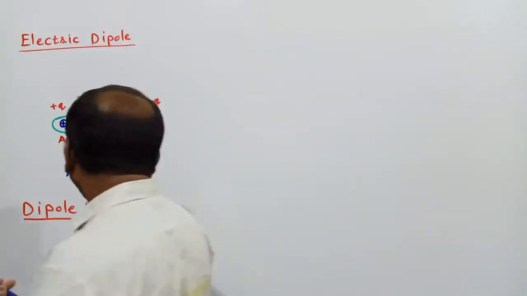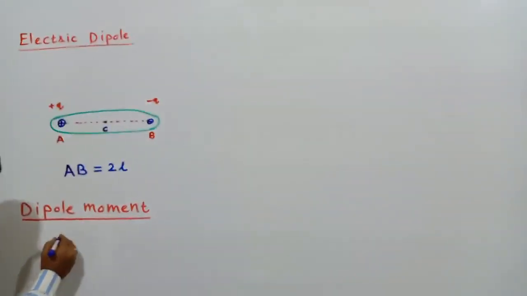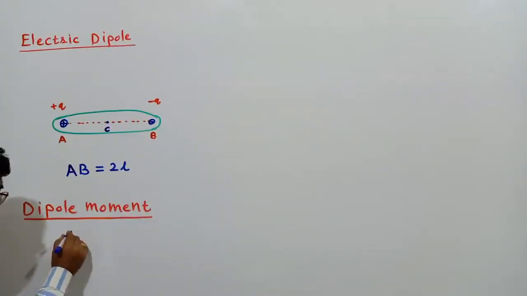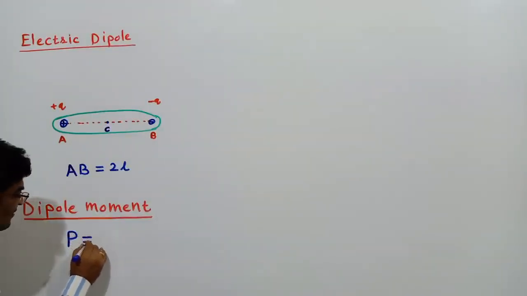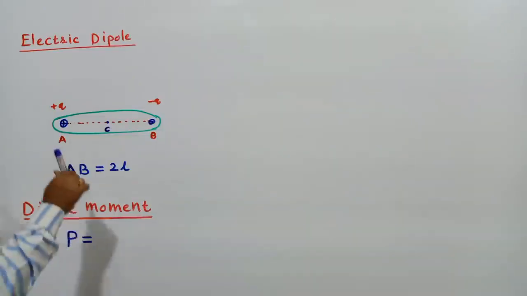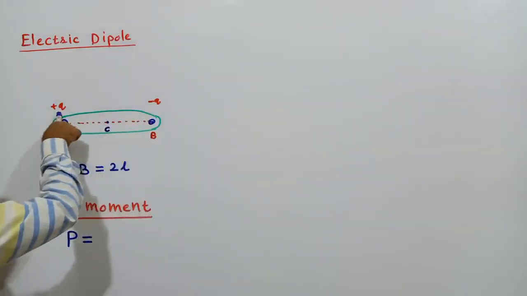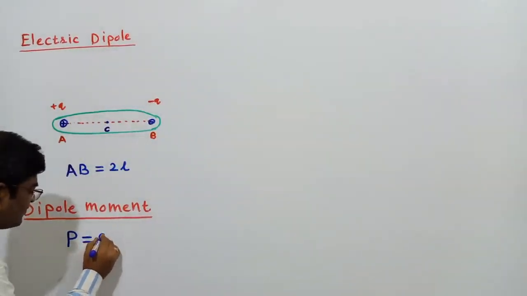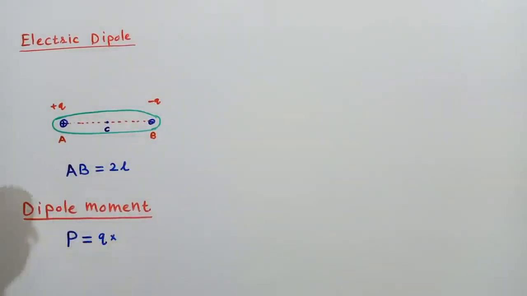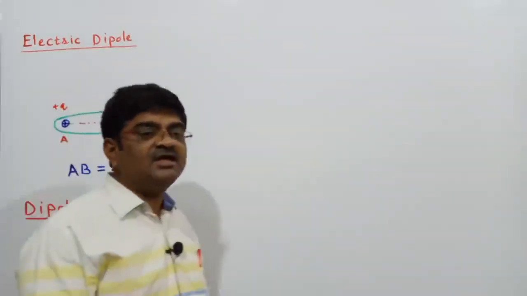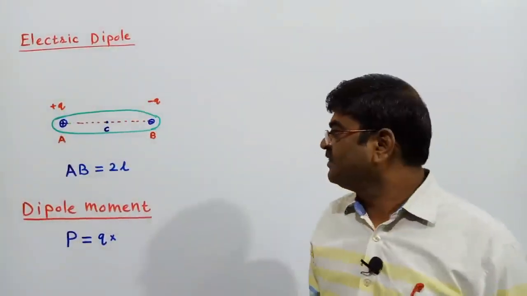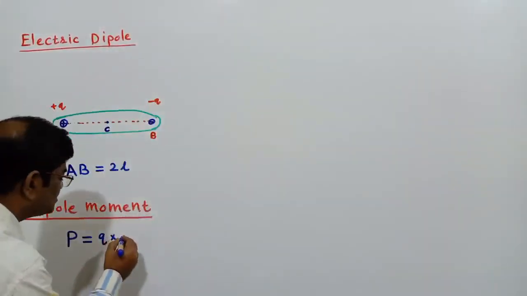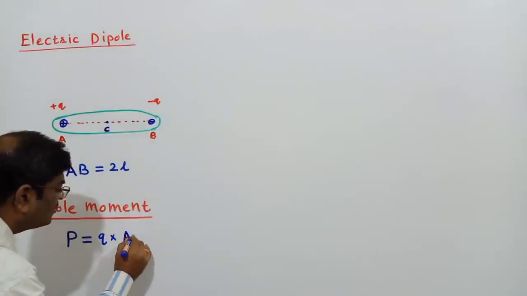The dipole moment of an electric dipole is nothing but just the product of the magnitude of any one charge, and what's that magnitude? Q, I write, into the separation between those two charges. And the separation between these two charges I have got as AB, you can say.